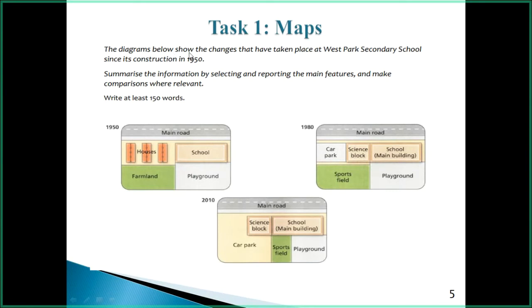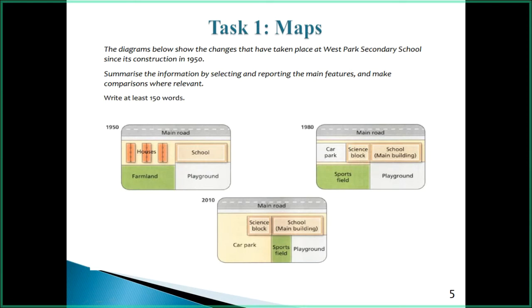The diagrams below show the changes that have taken place at West Park Secondary School since its construction in 1950. The diagrams, or you can say maps, show, display, illustrate, or represent the changes, the variations, the developments, the progress, that have taken place at West Park School, that took place in West Park Secondary School. So West Park Secondary School is the keyword.